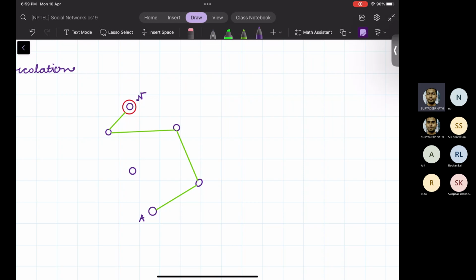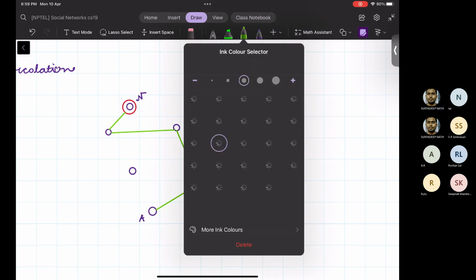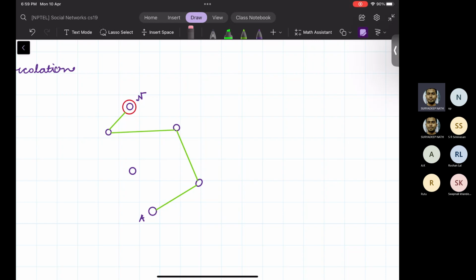Now let us explore the second option. It says that there exists at least one path with one open edge from the infected node to node A. Now let's change the colors, and let's say I remove this and make this a closed edge.